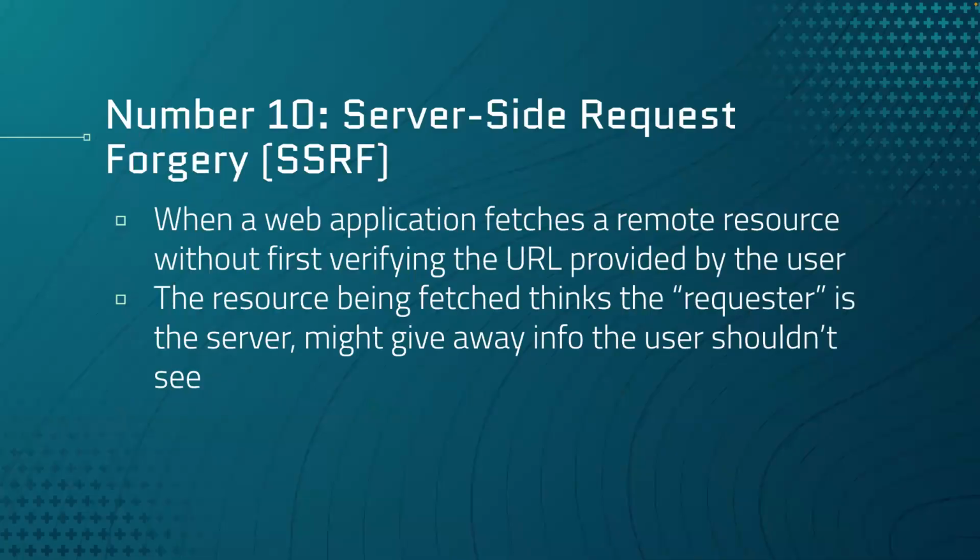Okay, so number 10, this one's a little weird. Server-side request forgery. So this is where you make a request to a server, and the server itself gets its request tampered with. So a requester can think that they're requesting a resource, but it's not actually the resource they're trying to request, right?